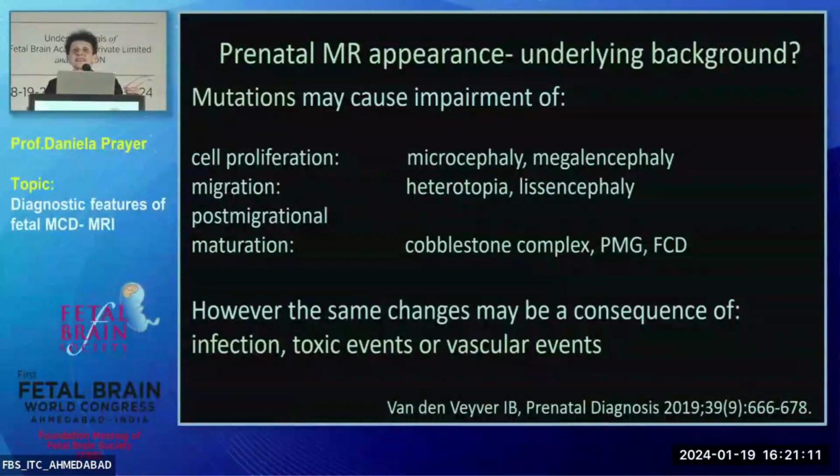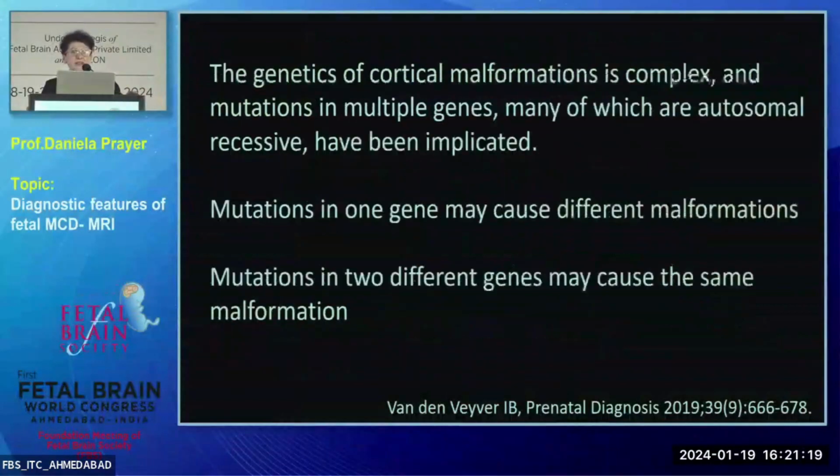Unfortunately, exactly the same features can be produced by infection, toxic events, or vascular events. So that does not help. Mutations in one gene may cause different malformations, and the other way around, mutations in two different genes may cause one and the same malformation. This also does not help.